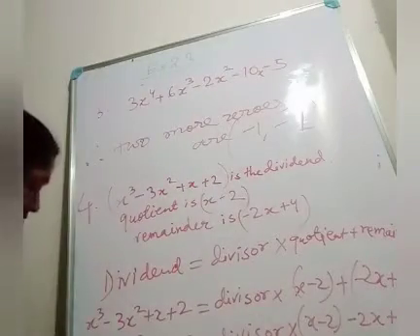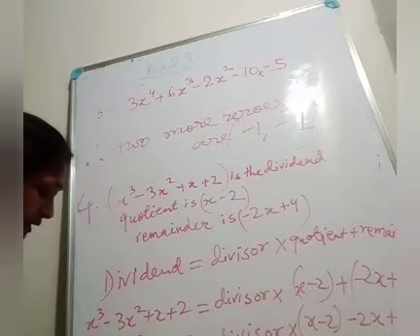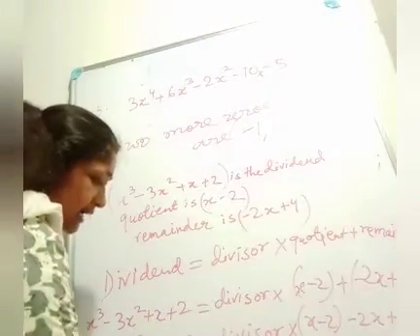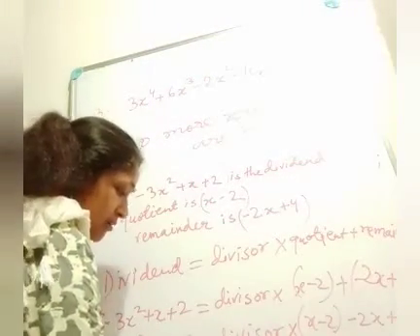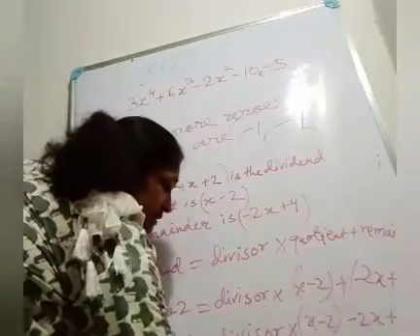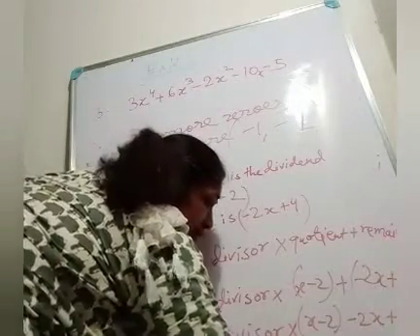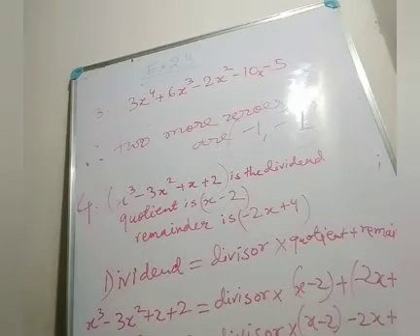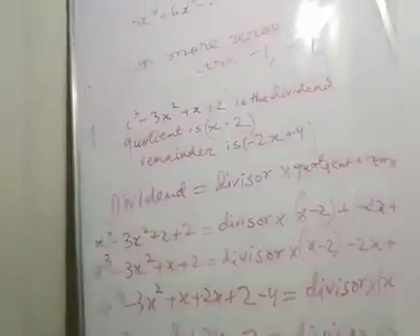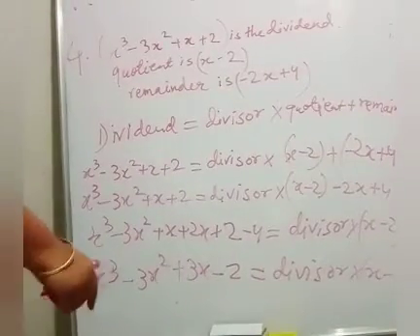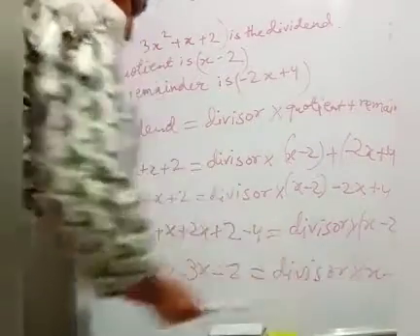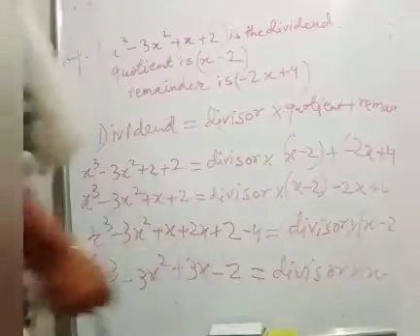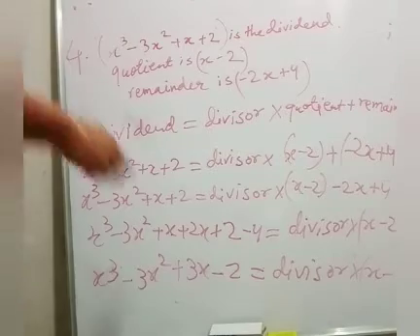So now x plus 2x will become 3x and plus 2 minus 4 will become minus 2, equal to divisor into x minus 2. Now to find the divisor you have to divide x cube minus 3x square plus 3x minus 2 by x minus 2. Then only you can get the divisor.